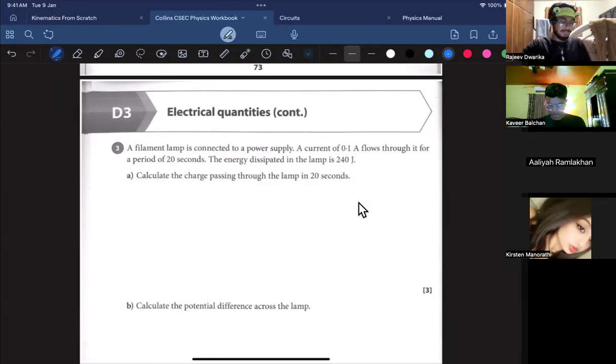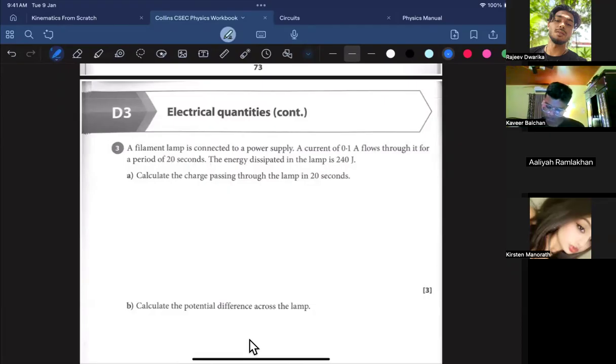A filament lamp is connected to a power supply. A current of 0.1 amps flows through it for a period of 20 seconds.